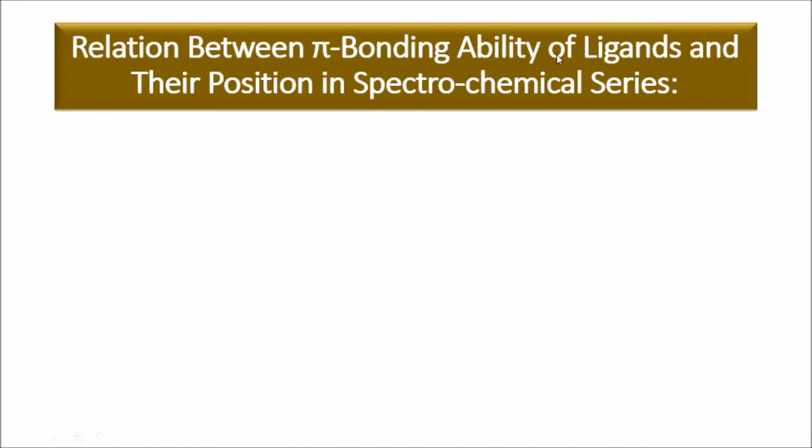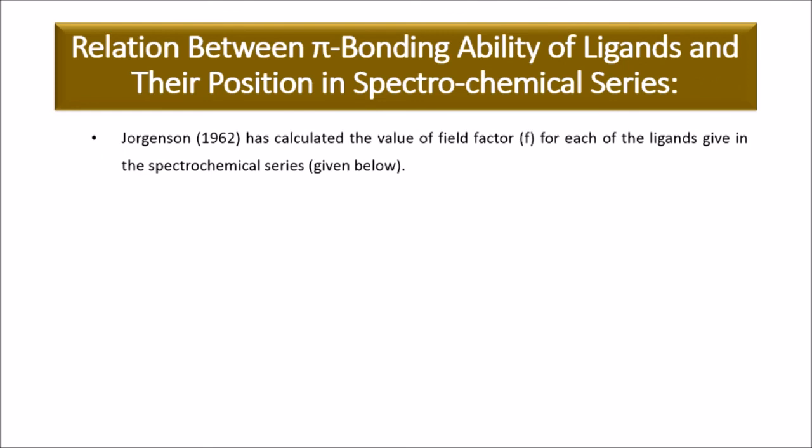Now, relation between pi bonding ability of ligands and their position in the spectrochemical series, in which we are now going to put some data, some values which clearly mention the positioning of ligands in the spectrochemical series. Jorgensen in 1962 calculated the value of field factor, that is F, for each of the ligands given in the spectrochemical series.